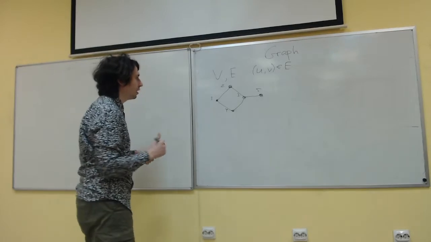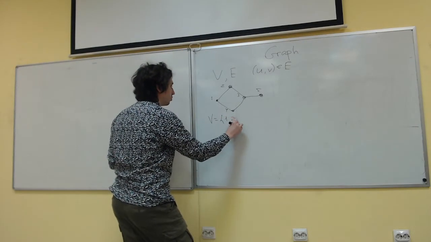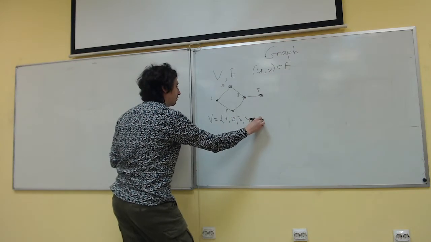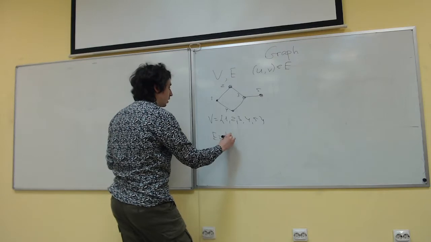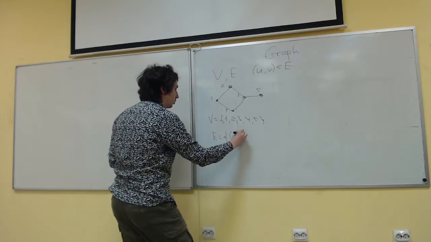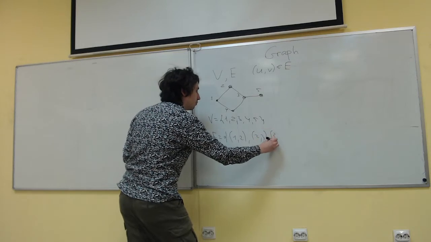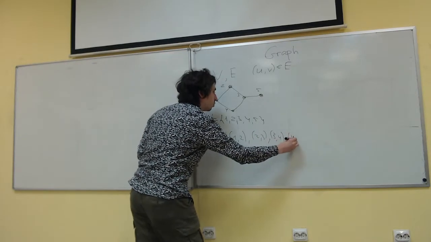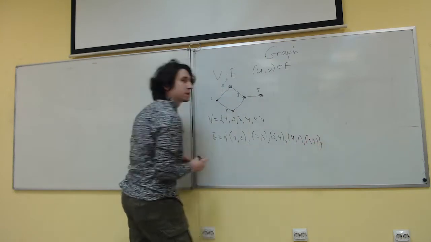Okay, here is the graph, and v is the number of the vertices. So 1, 2, 3, 4, 5, and the edges are 1, 2, 2, 3, 3, 4, 4, 1, and 3, 5. Okay, this is the set of edges.